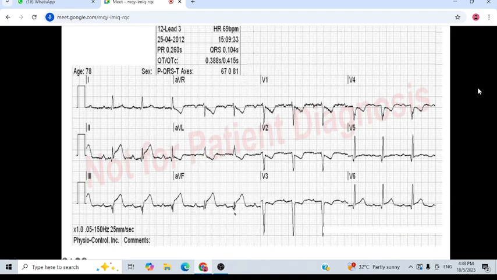So if you count it, it's actually quite regular. Then you see there's a P wave before each of the QRS, so this is a sinus rhythm. You only expect to know 2 rhythms, sinus rhythm or atrial fibrillation. But you see a P wave, so this is not atrial fibrillation. This is a sinus rhythm.